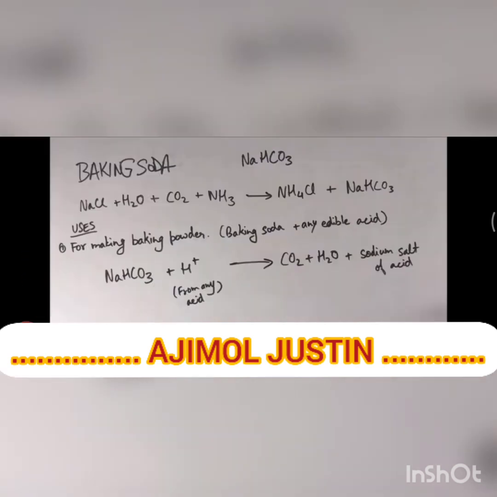Next is baking soda, formula NaHCO3. And how is it formed? By the reaction of sodium chloride, water, carbon dioxide and ammonia, baking soda is formed. What is the use?